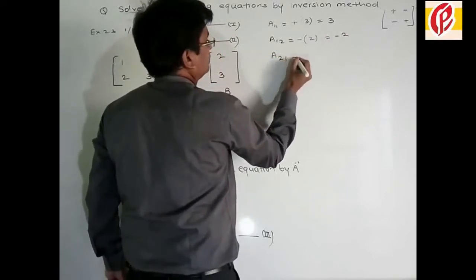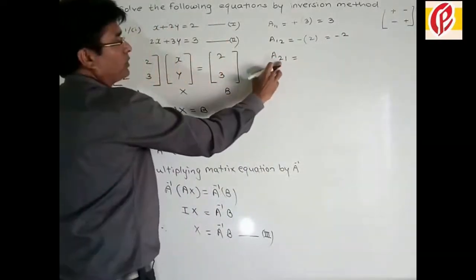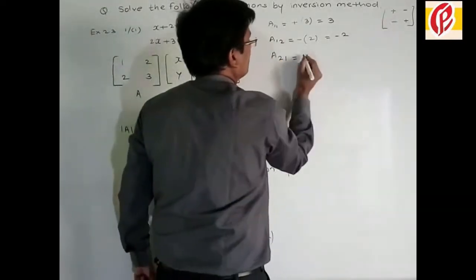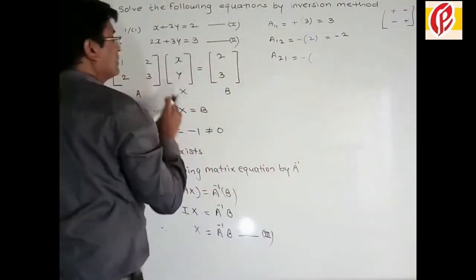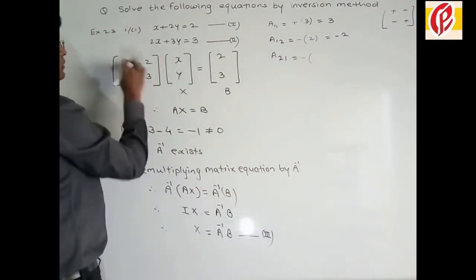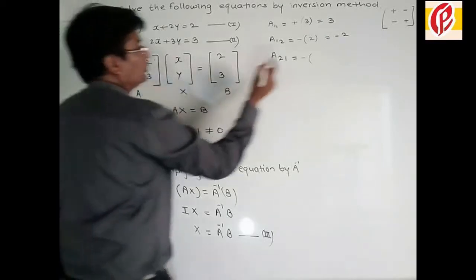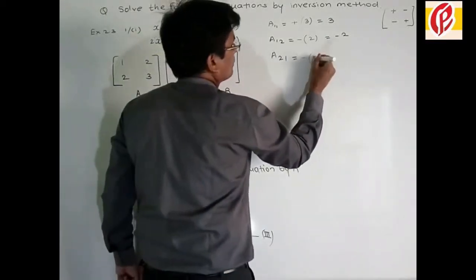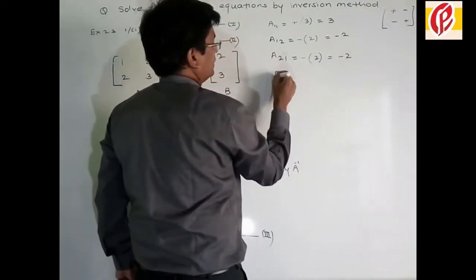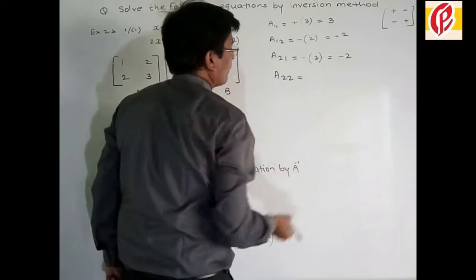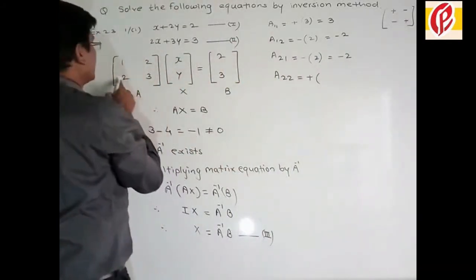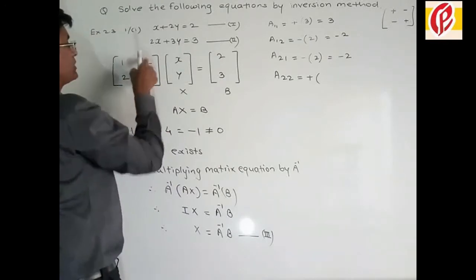Then A21 means second row, first column. Sign is minus. Remove the second row, first column. You will get the element 2. So answer is minus 2. Then A22. Sign is plus. Remove second row, second column.